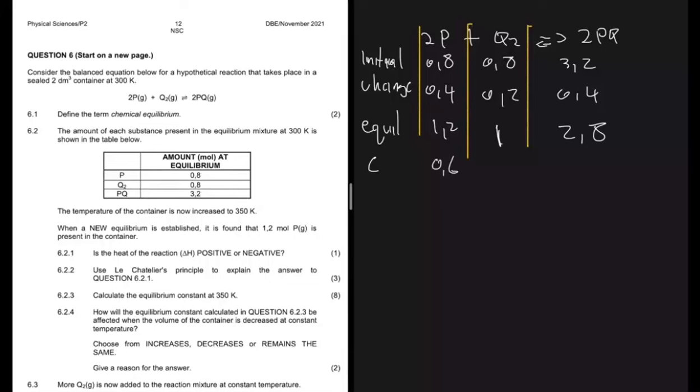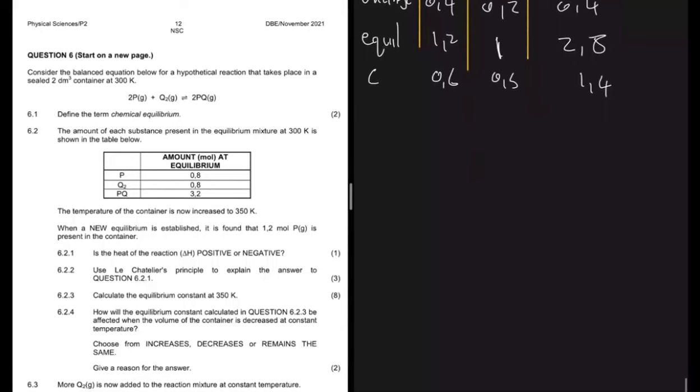And then for Q2, it will be 1 divided by 2, which will give us 0.5. And then for 2PQ, that will be 2.8 divided by 2, which will give us 1.4.